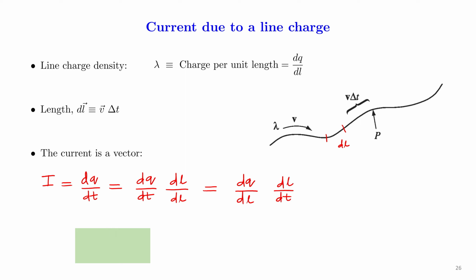We have defined lambda to be the charge per unit length, that is dq over dl. Therefore, this equation is lambda multiplied by v. So, this is the magnitude. Vectorially, it is I equal to lambda times vector v.